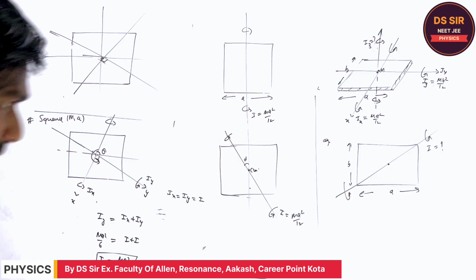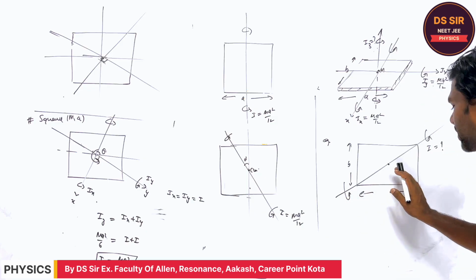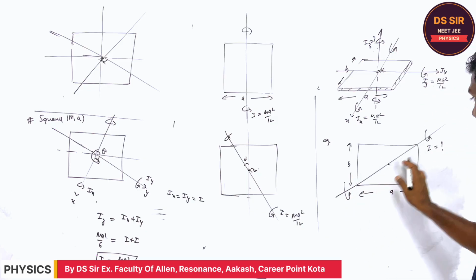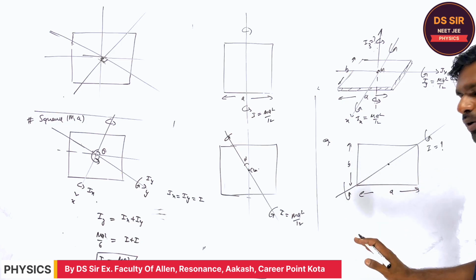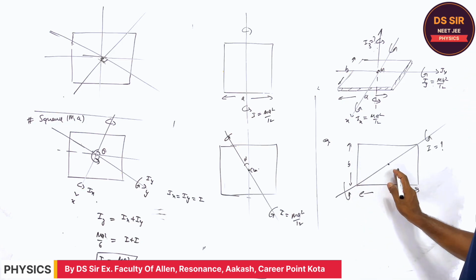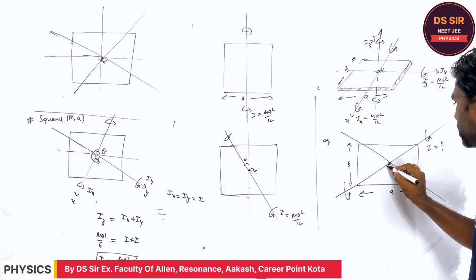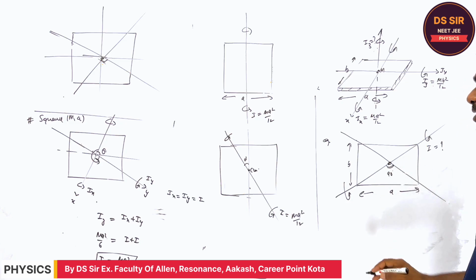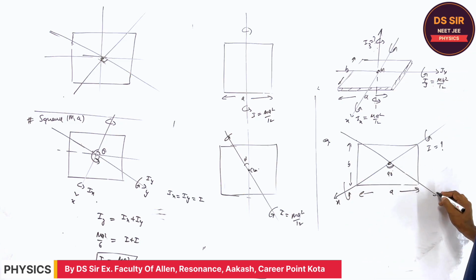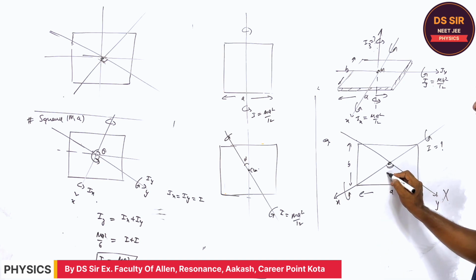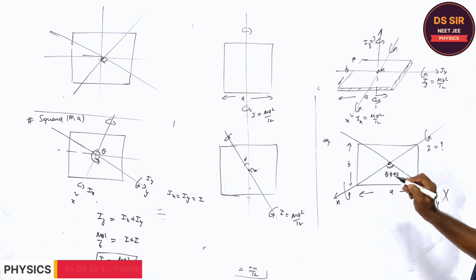Okay, you have given the answer, but the calculation is very tough. I will do it later. If you consider this diagonal like this, these diagonals are not at 90 degrees. So if you choose this as the x-axis, the other is not the y-axis, and this angle is not 90 degrees.